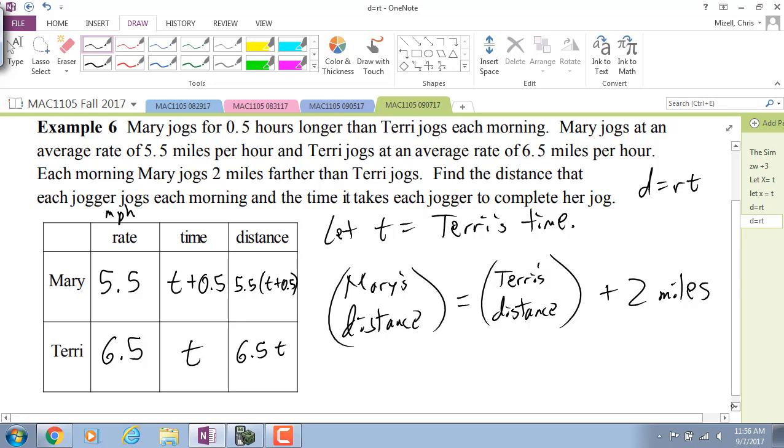So we can set up the equation. We have an expression for each jogger's distance in terms of T. So our equation is 5.5 times the quantity T plus 0.5, and that equals 6.5T plus 2.